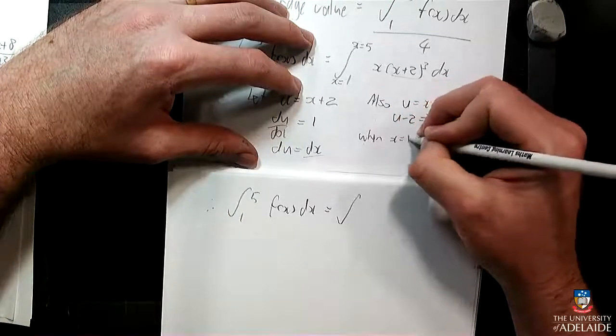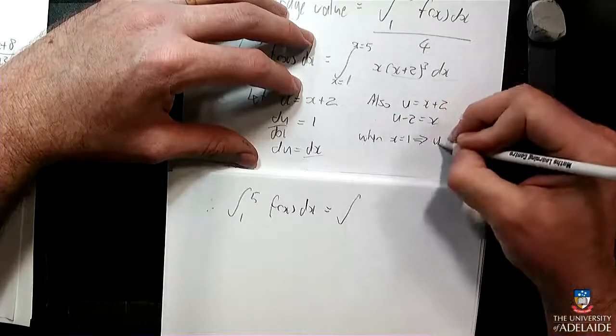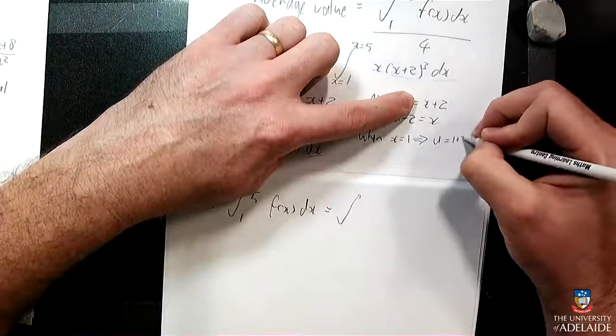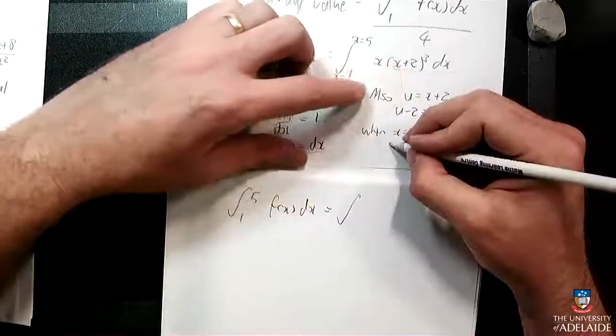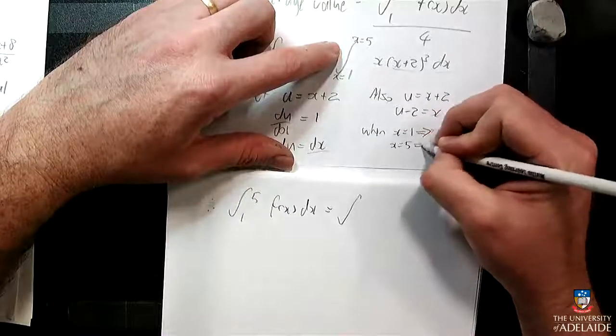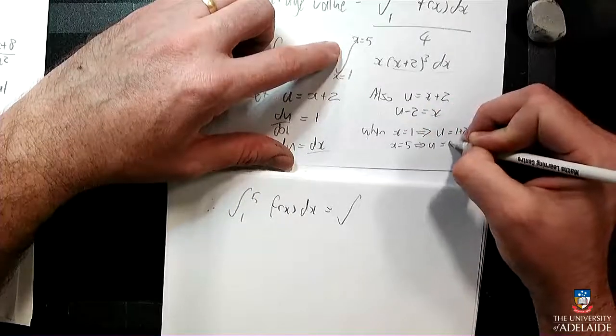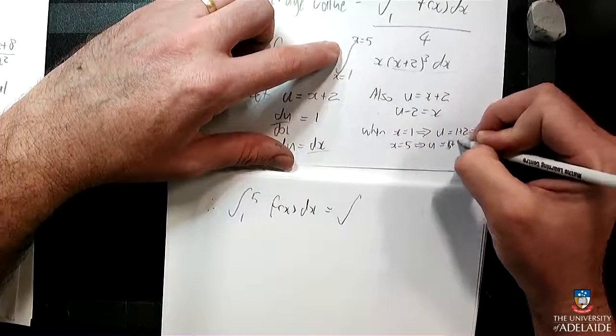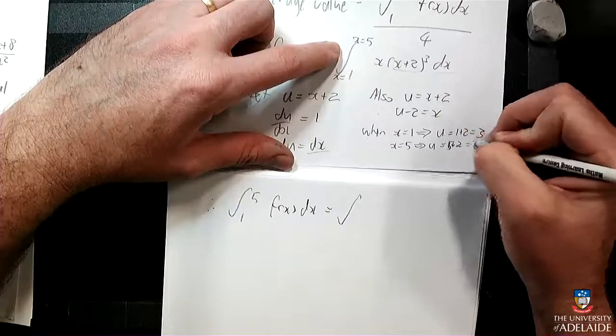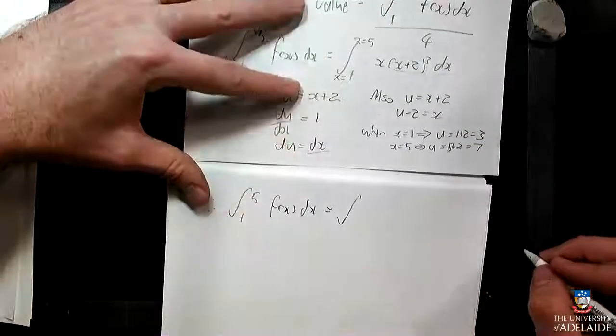When x equals 1, that implies that u has to be 1 plus 2, which is 3. And when x is equal to 5, that implies that u has to be 5 plus 2, which is 7. Okay, cool.